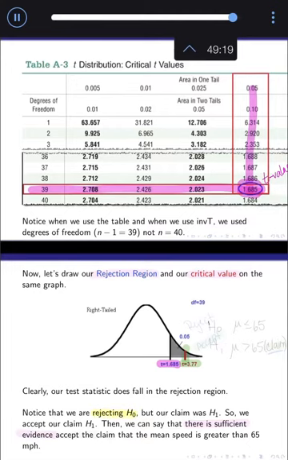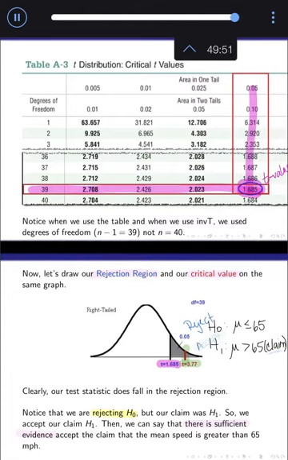As a reminder, what was our H0 and what was our H1? Our H0 was that the mean was less than or equal to 65. Our H1 was that our mean was greater than 65. That was our actual claim. Because we're falling inside the rejection region, we're rejecting H0, which means we'll do the opposite to H1.